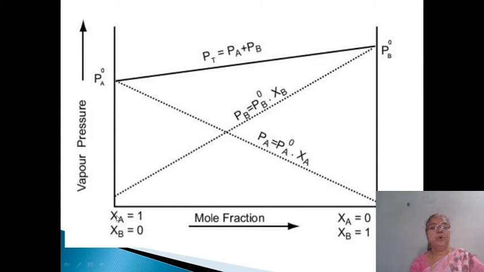Similarly, at this point we have the mole fraction of B constituent as 0, and here the mole fraction of B constituent is 1. Therefore, as the mole fraction of B constituent increases, the vapor pressure of B constituent increases, reaches a maximum value, and this maximum value we call the partial vapor pressure of B constituent in the pure form.